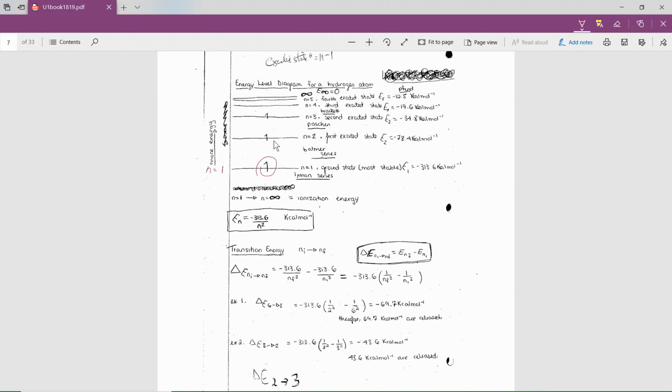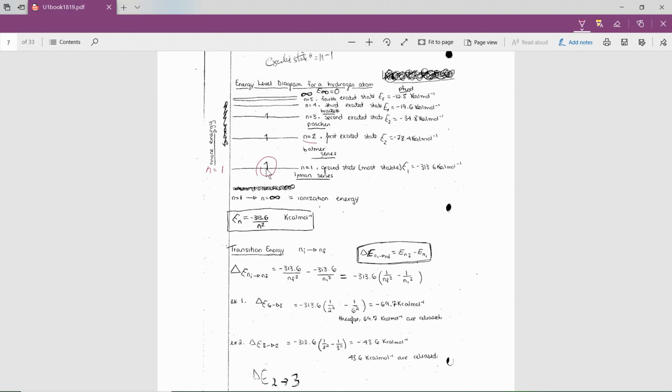Now if we zap it with energy, we kick it up to the first excited state, which is the 2nd level. These things, Lyman, Balmer, Paschen, Brackett, Pfund series, let's not worry about them right now. The first excited state has a certain energy associated with it, minus 78.4. In the ground state, minus 313.6.